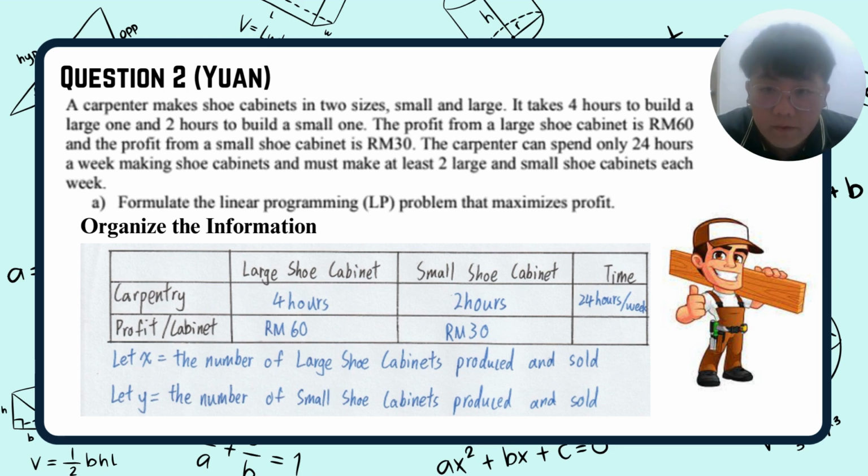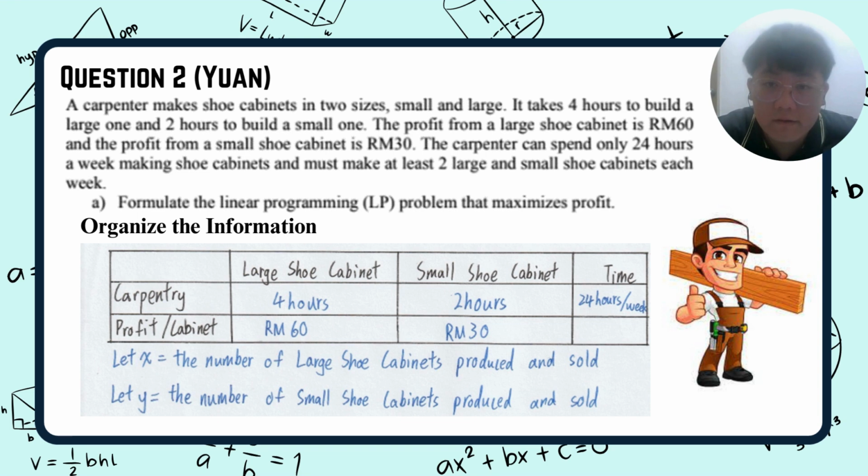After that, we formulate the linear programming problem that maximizes profit. We can organize the information first, like drawing the table below that I provided. We write down the titles of the table first: large shoe cabinet, small shoe cabinet, the time, carpentry, and the profit per cabinet.